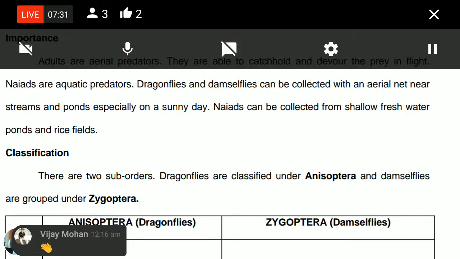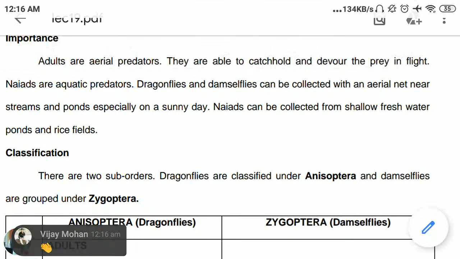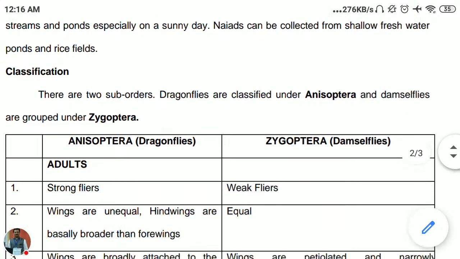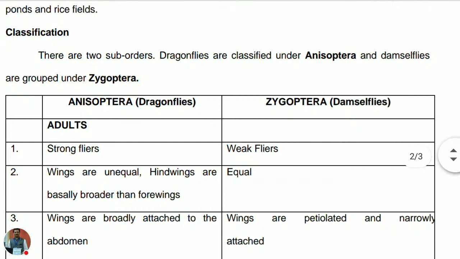Again, the naiads can be collected from shallow freshwater ponds and rice fields. Now the classification we can see in a differentiated pattern. The two suborders are there.